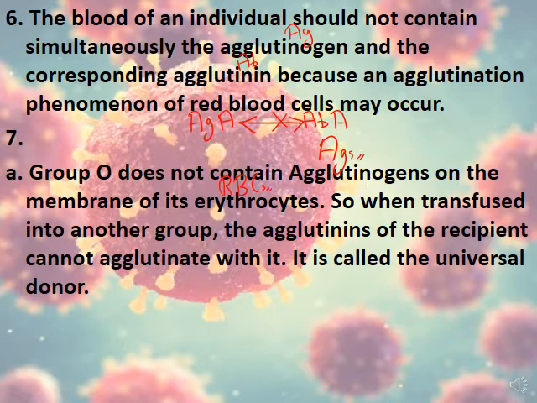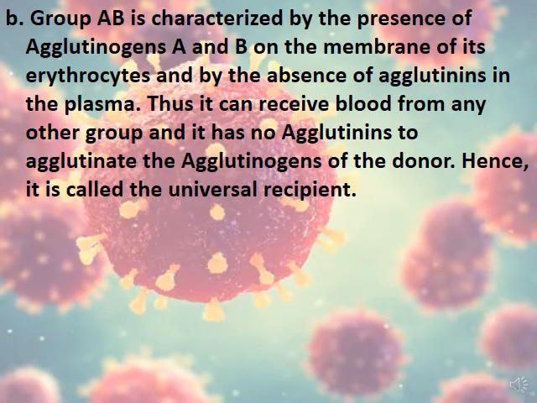There are no antigens, and antibodies should fight against the antigen. The agglutinins couldn't find anything to agglutinate with, to fight with. That's why it's called universal donor. So it can donate blood to all different blood groups.